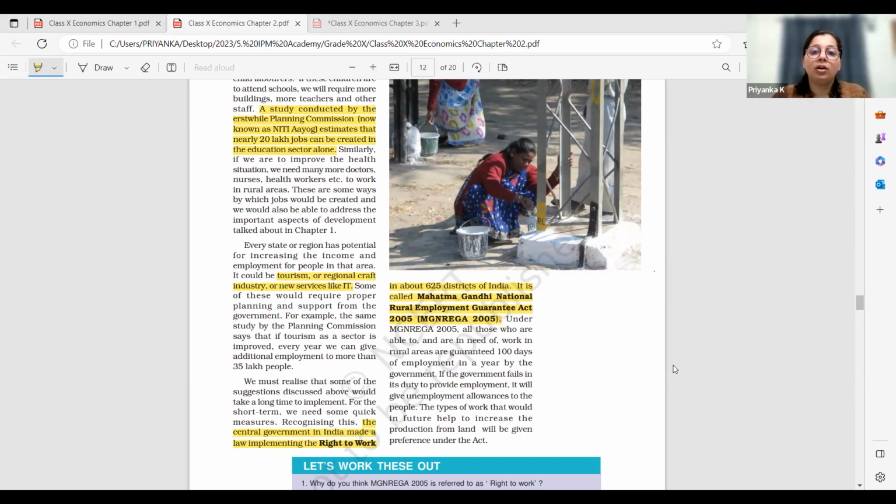And if any person covered under this act is not getting 100 days of employment, the government is even supporting them by providing unemployment allowances. So this is another way of creating more job opportunities in our country.